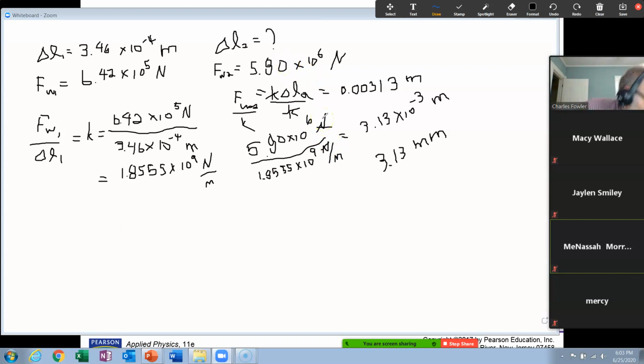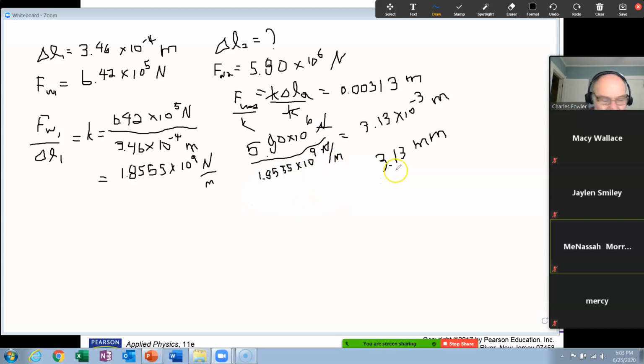Well, let's see what they got in the book. They got 3.12. Now, the reason they got 0.12 is they rounded this number early. They rounded this to 1.86, okay? And by rounding off early, they introduced a little more error than we got. We got it more precise than they did. These intermediate steps, you don't have to round completely.